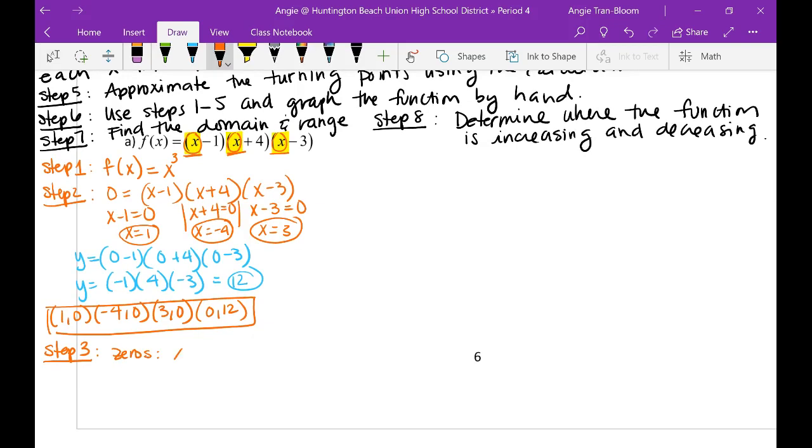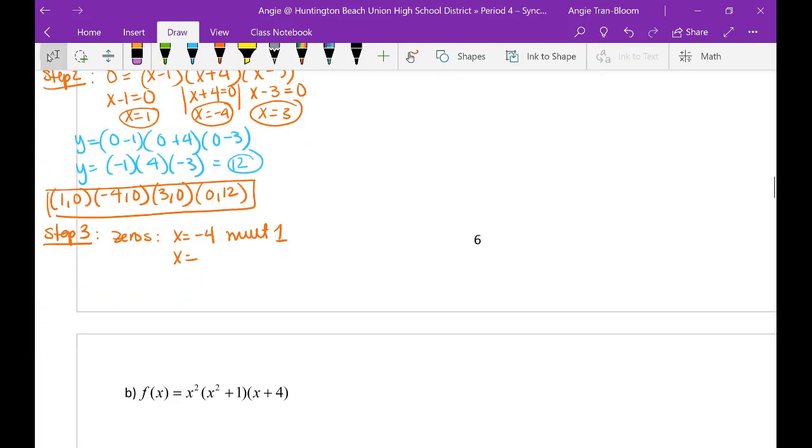Okay, so we are now going to write down the zeros and their multiplicity. The zeros are x equals negative 4, multiplicity of 1. X equals 3, multiplicity of 1. They all have a multiplicity of 1. And x equals 1, multiplicity of 1.